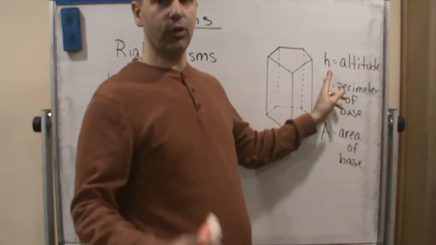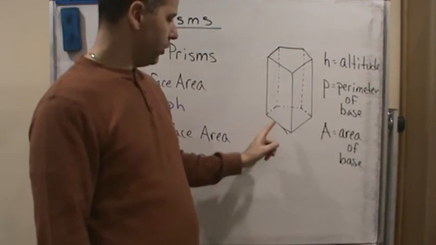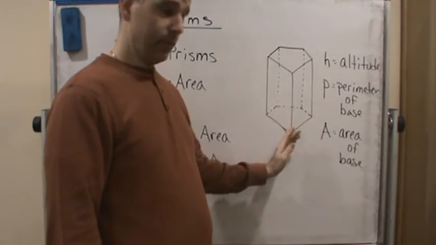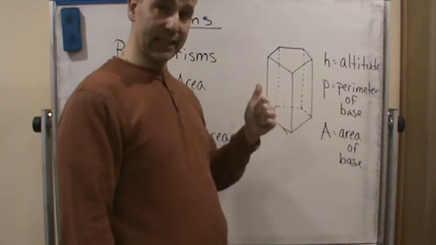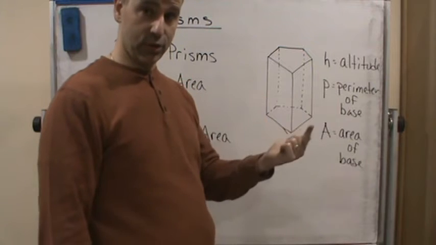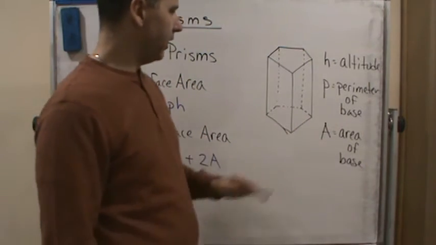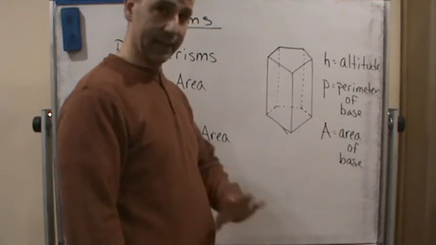The height and the altitude are always the same thing, but if it's not a right prism, you can't get the measurement directly from the side, okay? Because if it's not right, then there's a slant height and then there's the height, and those are two different things. In this case here, if it's a right prism, the slant height and the height are the same. I guess that's what I'm trying to say.